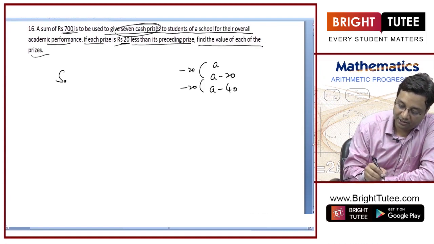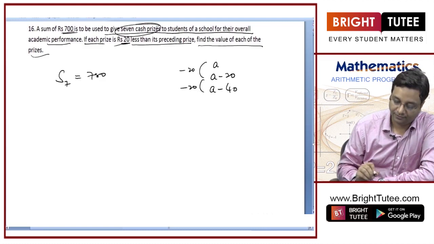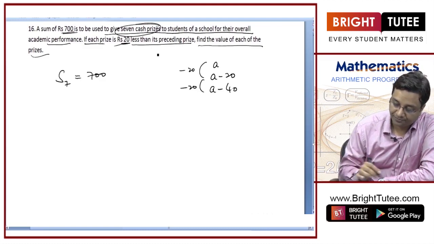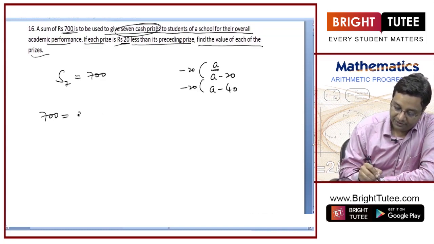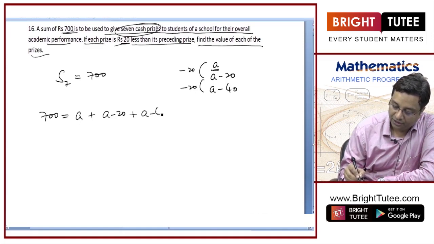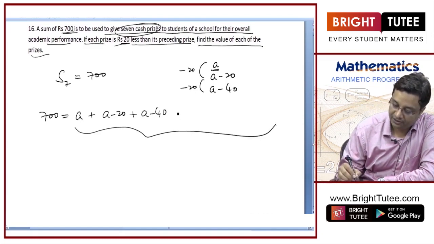7 cash prizes are there. So S7 is equal to 700, right? And what is it equal to? 700 is equal to A plus A minus 20 plus A minus 40, and we need to take 7 terms in this, right?